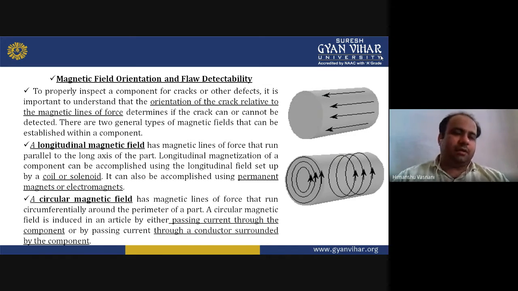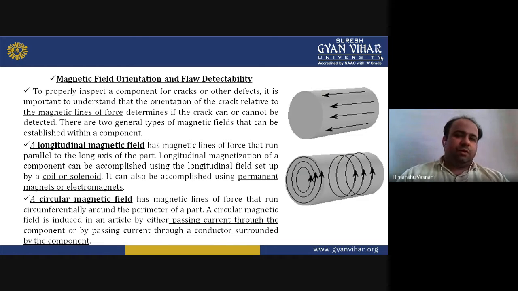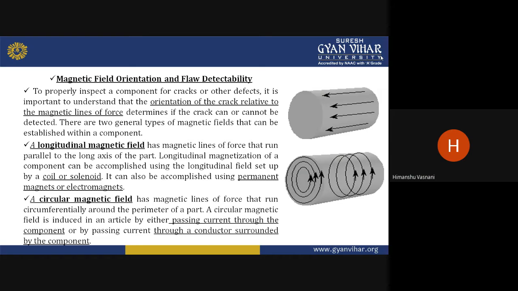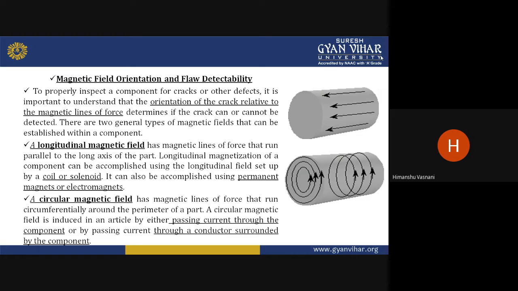Here in magnetic particle testing also, we are understanding flaw detectability. The purpose is to identify flaws in ferromagnetic materials with the help of iron particles in magnetic particle testing.